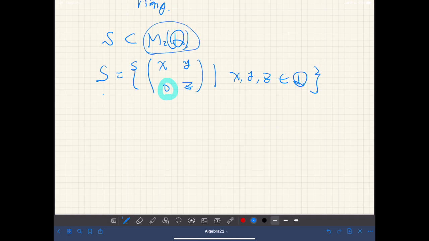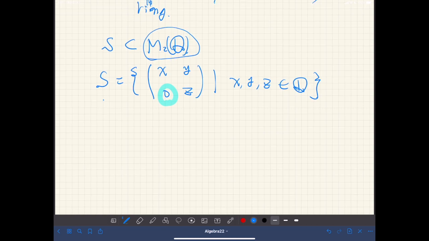Let's check that. According to the subring criterion, we need to check 3 conditions. First, this should be closed under addition.